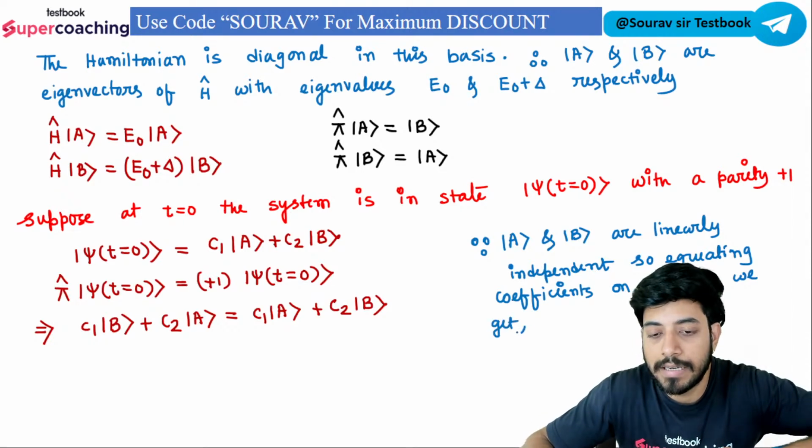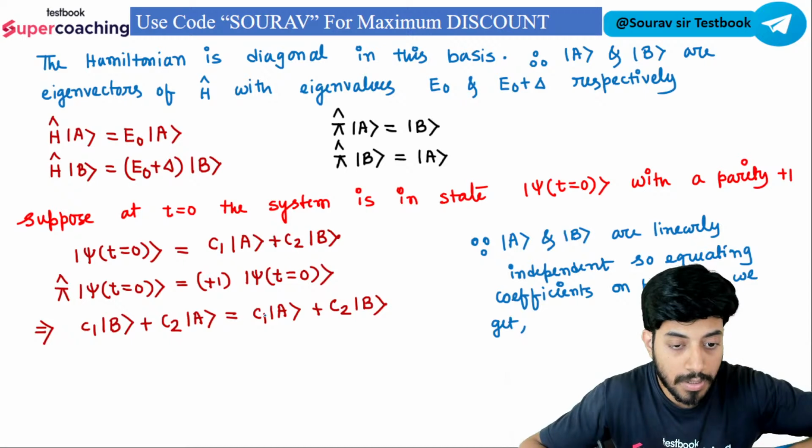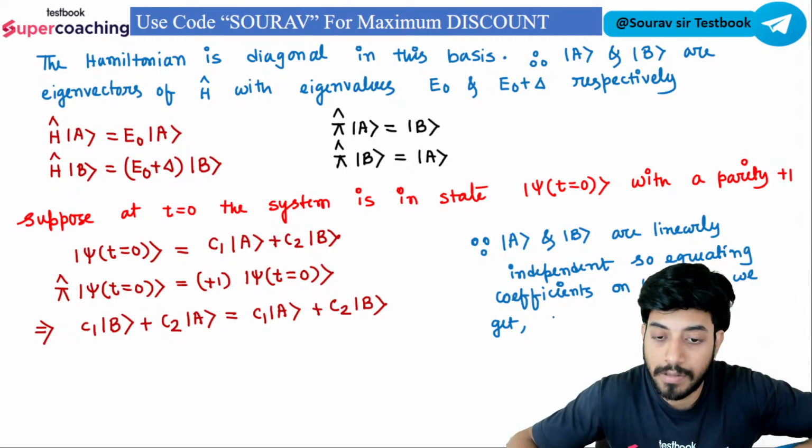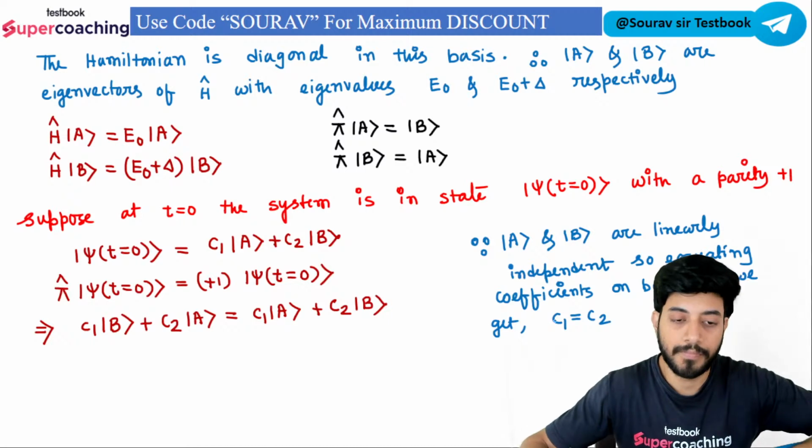We get C1 equals C2, C2 equals C1. That means C1 equal to C2.